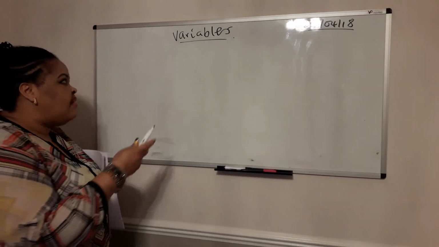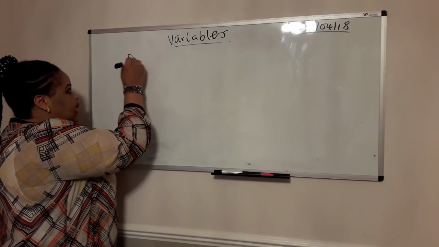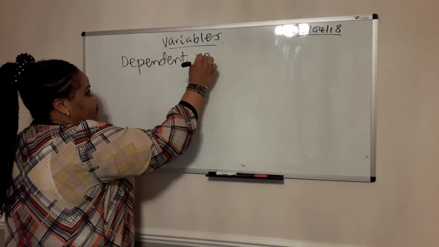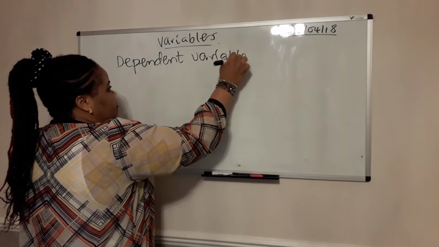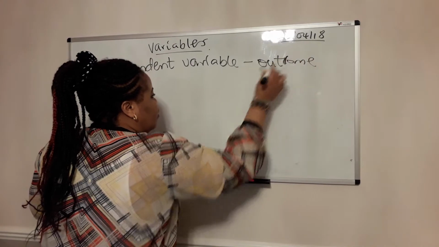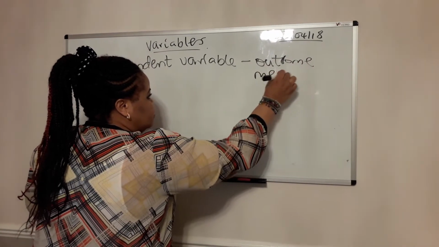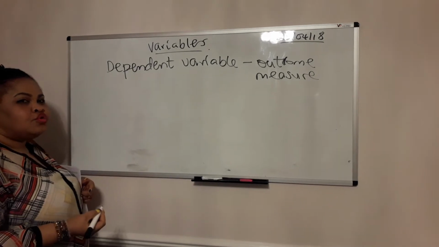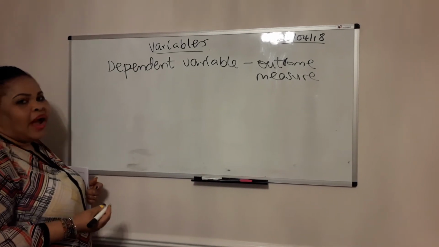So the dependent variable, to put it very simply, is the outcome. The outcome, the one you measure. All right? So you don't have control over that. You don't know what the outcome is going to be.